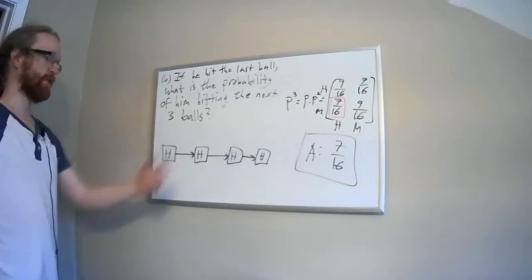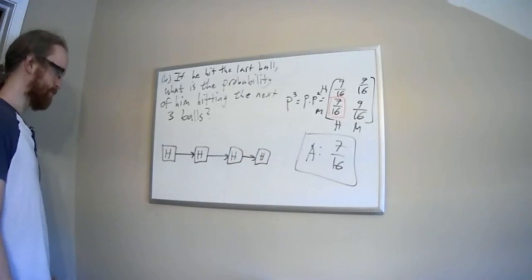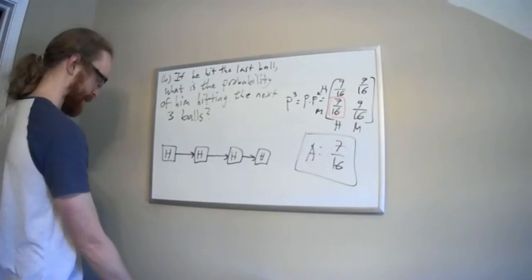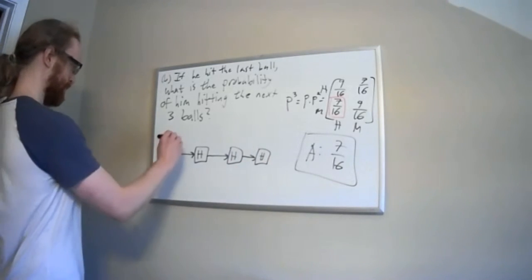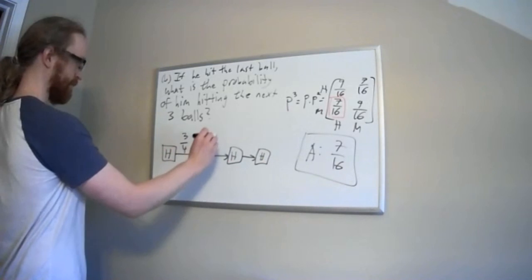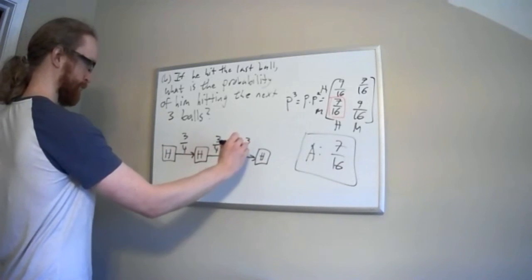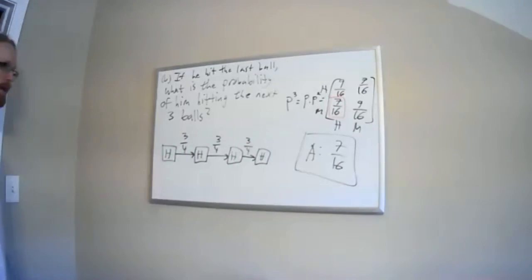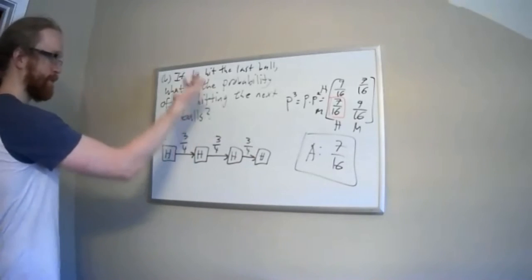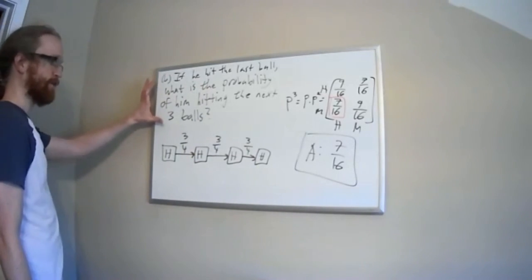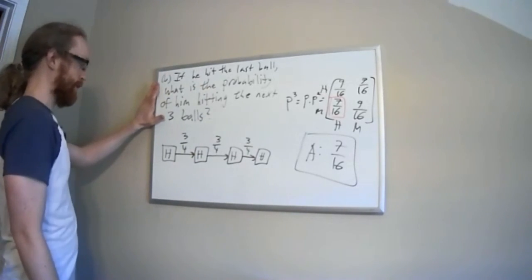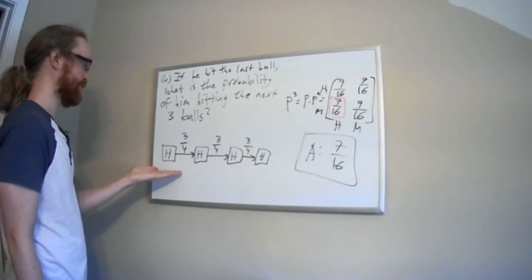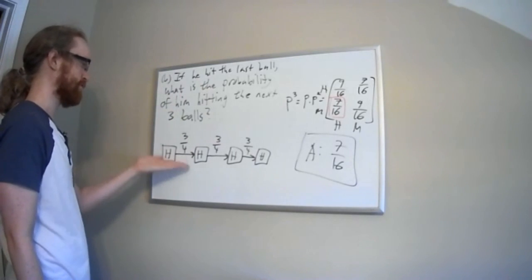And what's the probability? What probability should I label my arrows with? Well, we know that if he had made a hit, then the probability of getting another hit is 3/4. And so all of these get labeled 3/4. And since this is the only outcome in this situation that matches this criteria, this represents the entire situation.